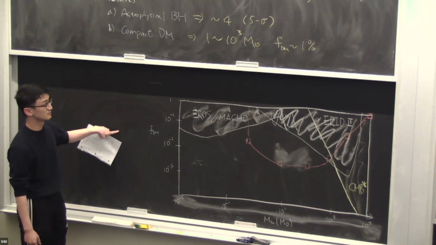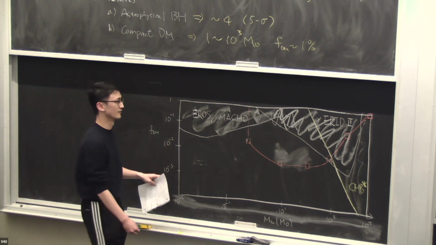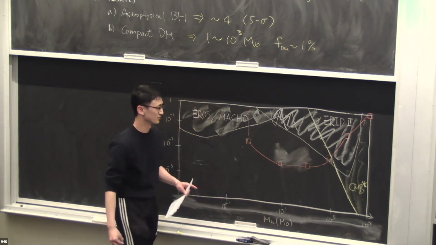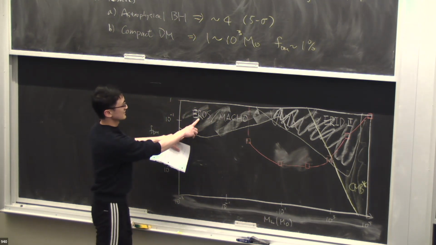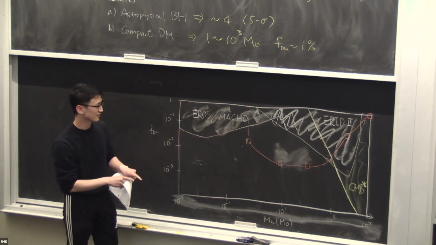So what we do is we just inject an NFW profile, and for each mass, the red square is 1.5, and this is the photometric lensing survey that was talked about before.